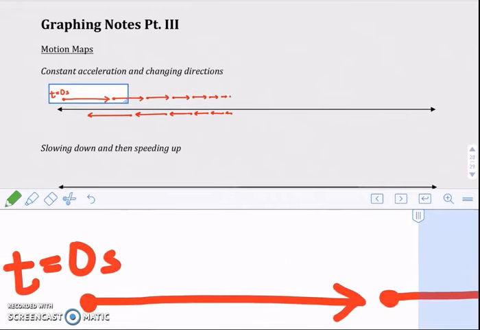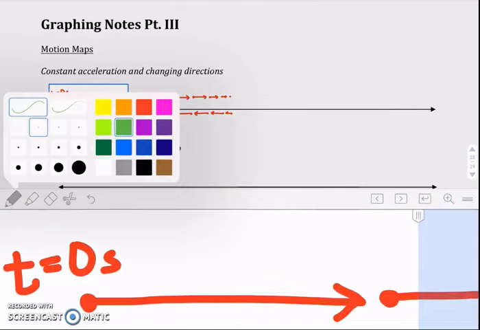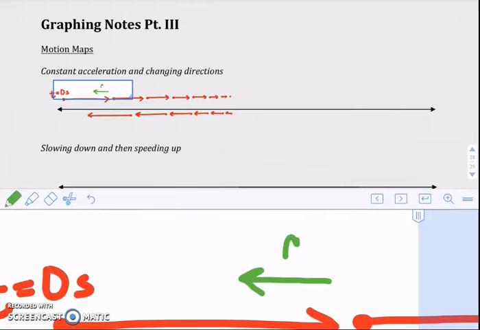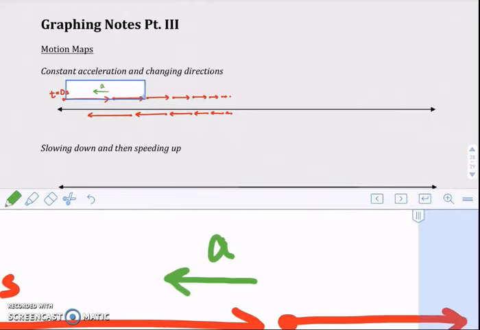So the acceleration must be going against the velocity. It's working against it. So for the acceleration arrow, let's use a slightly bigger one, in green, and it must be going back this way to the left because it's working against the velocity.